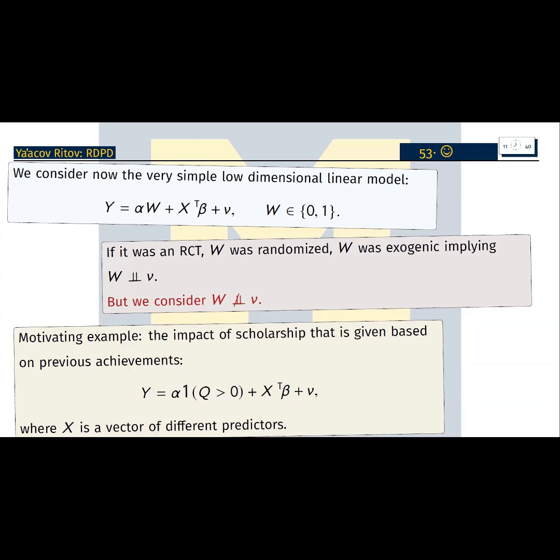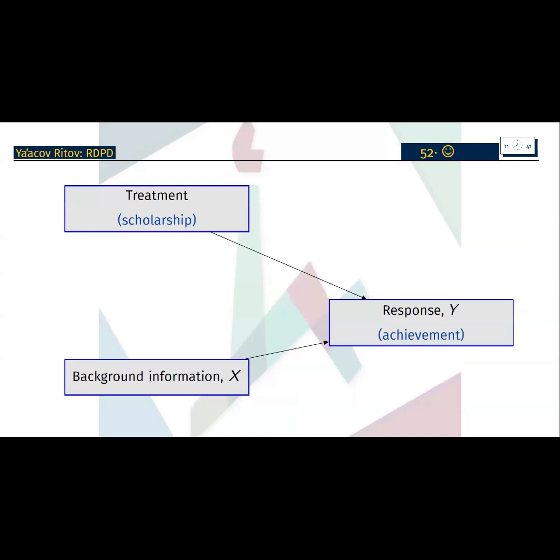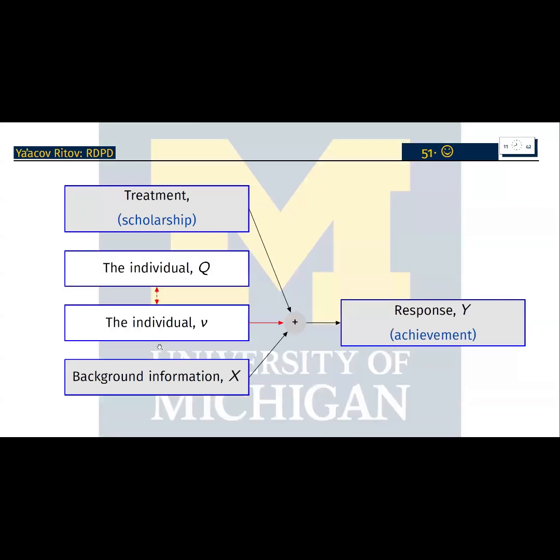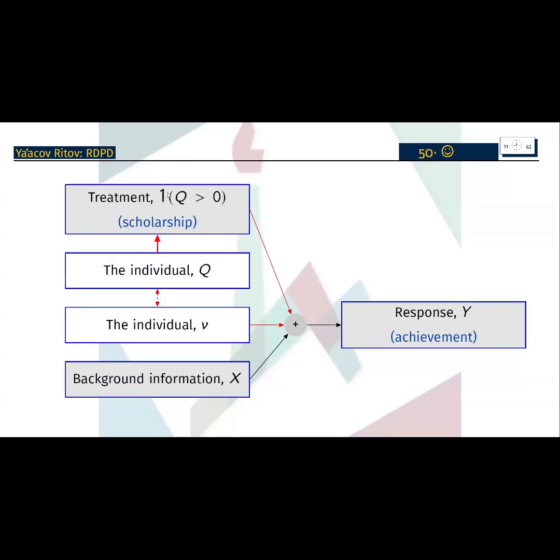As I said, the motivating example is a scholarship or admission. I have this problem, and we'll return to this in the following. So basically, we have treatment, we have background, we have response, and the issue is the responses actually have another component, which is a nu, which I call the individual factor, but the decision to get the treatment depends on Q. So Q depends on nu.